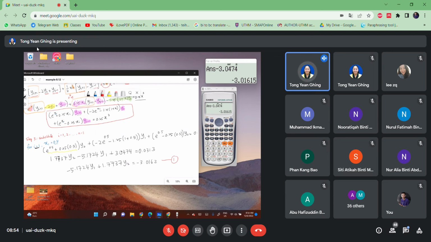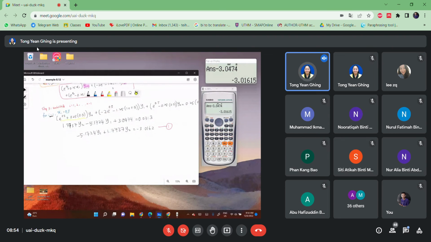Because we have 3 unknowns, so we have to get 3 equations. So the next one, that means we have to substitute when for I equal to 2. X2 is equal to 1.01.